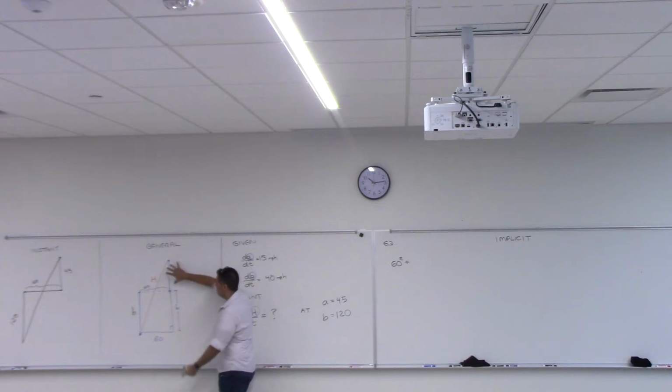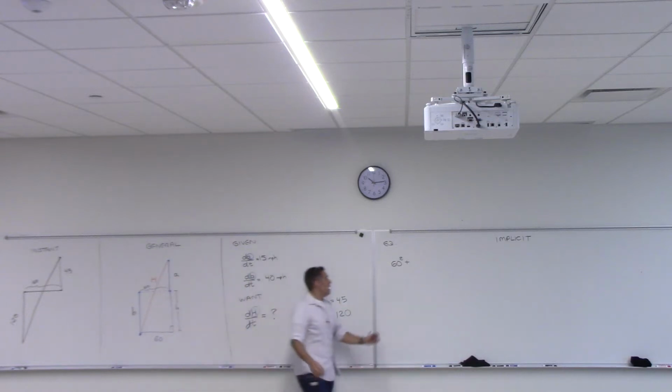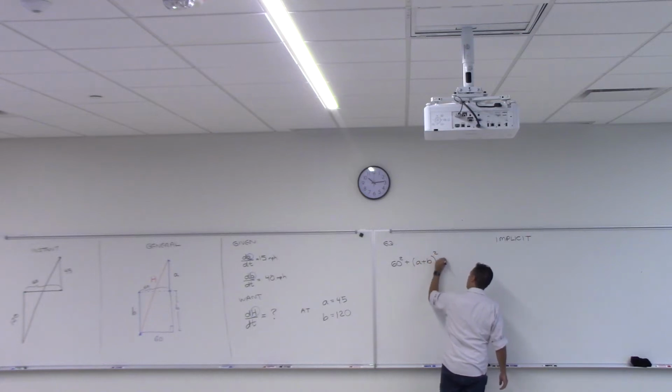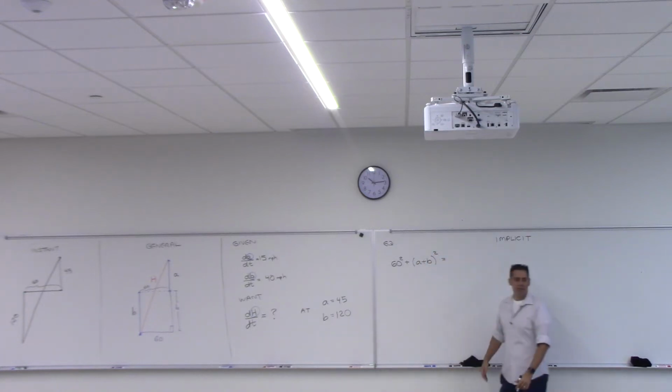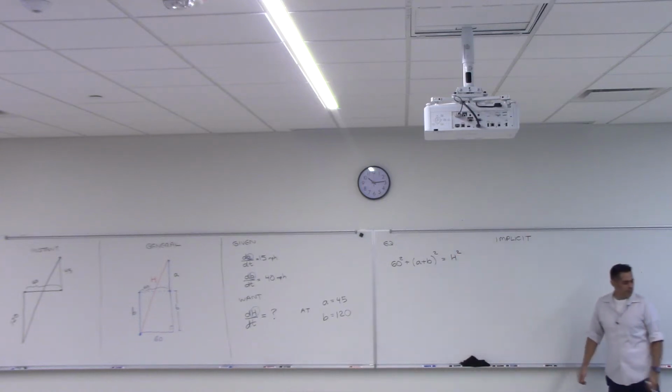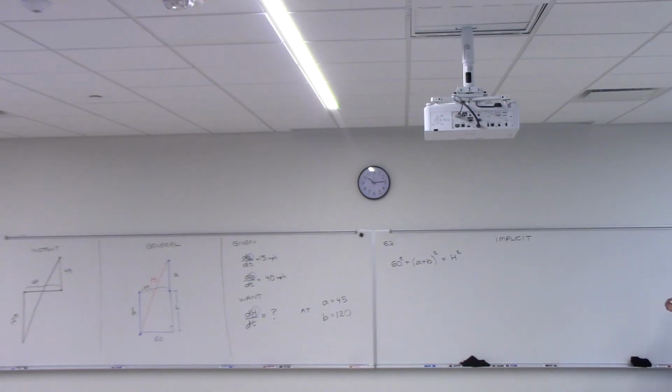This whole side is A plus B. So I have to write A plus B squared equals the hypotenuse, which is capital H squared, right? There it is. That is an equation that connects little a, little b, and capital H together.